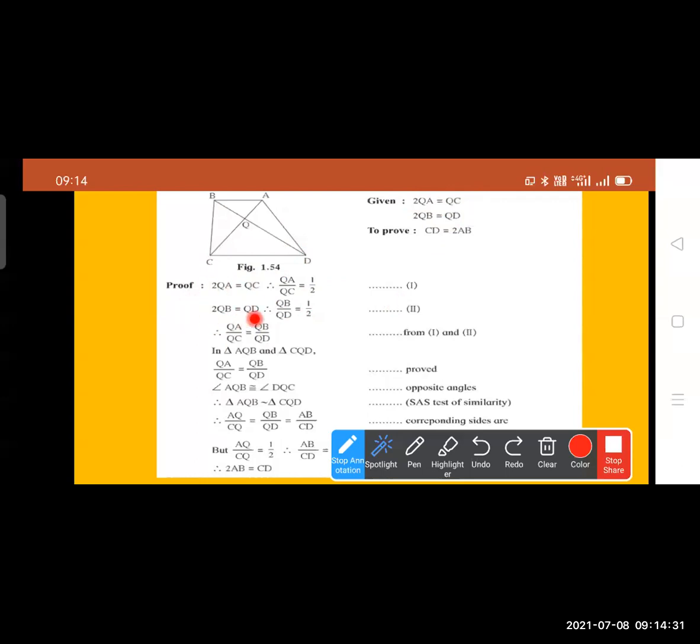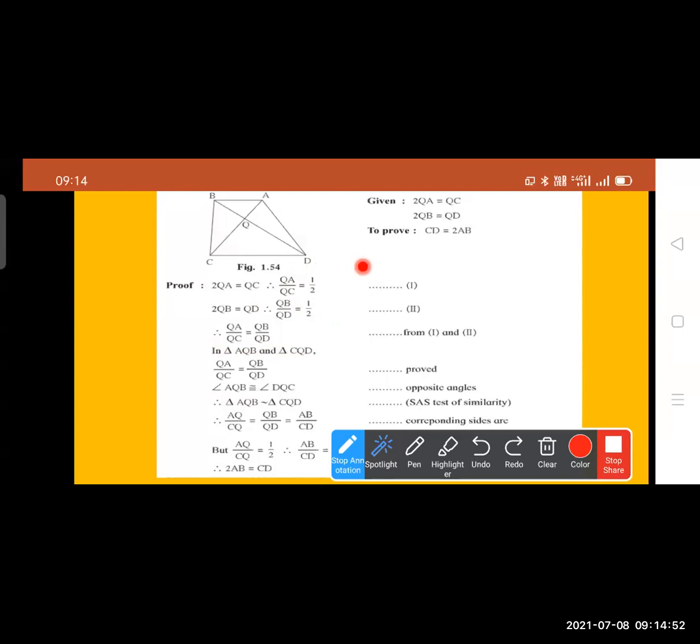Twice QB is equal to QD, so QB by QD is equal to 1 by 2. So from equations 1 and 2, QA by QC is equal to QB by QD. So here we get their sides in proportion.